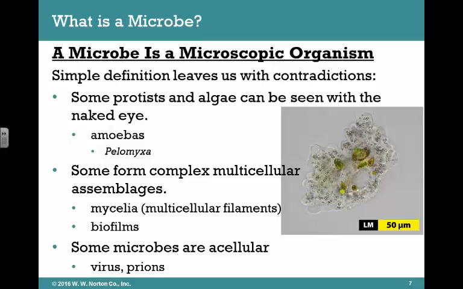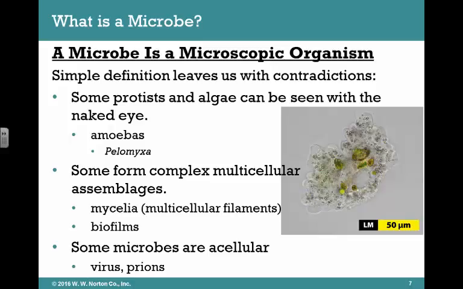In fact, many microbes that are unicellular form communities in their growth called biofilms. So for example, bacteria. And these communities can be seen by the naked eye. So they're macroscopic. In addition, some microbes are not organisms. They're not considered living. They lack a cellular structure.